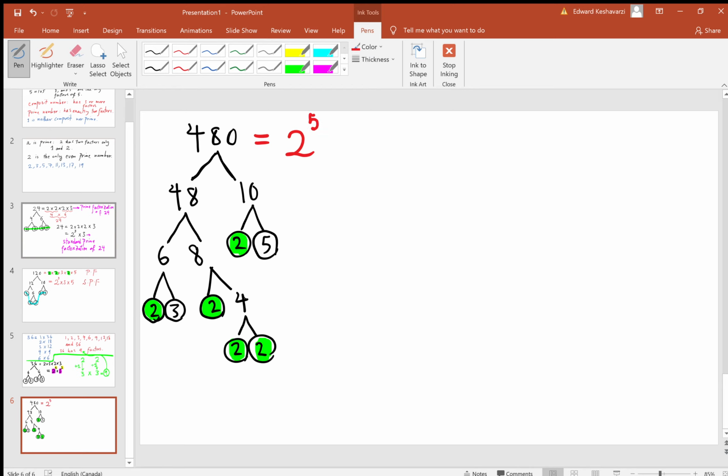How many 3's? Just one. Therefore, it becomes times 3, and I think a 5 is left. Okay, so when 3 and 5 have no exponents, the exponents must be 1.